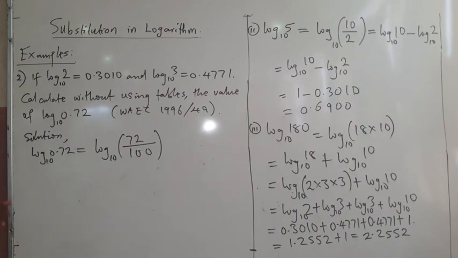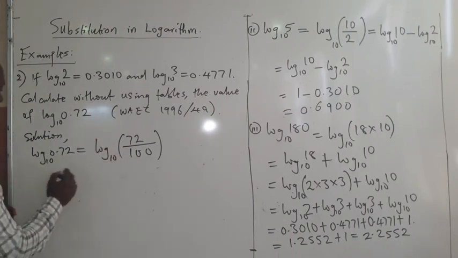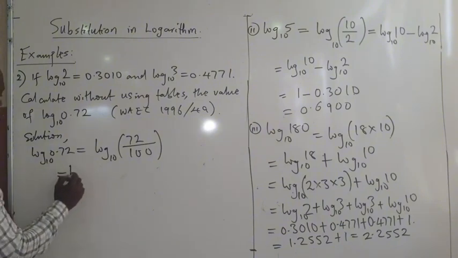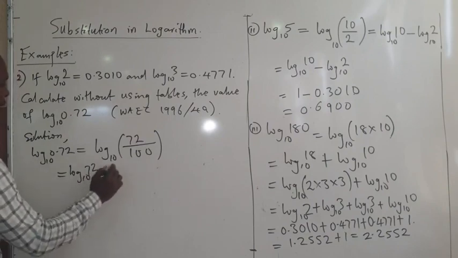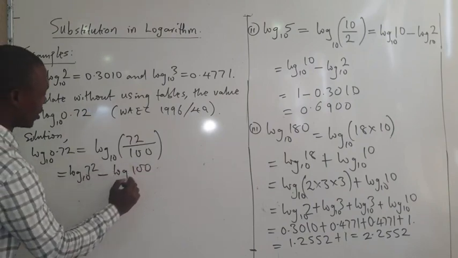So here we are going to apply the division law of logarithm, which is going to be log 72 base 10, division will change to minus, log 100 base 10.